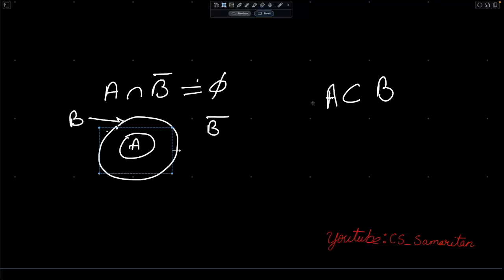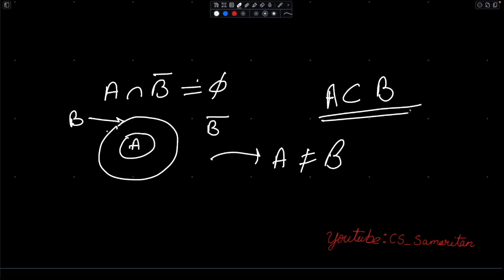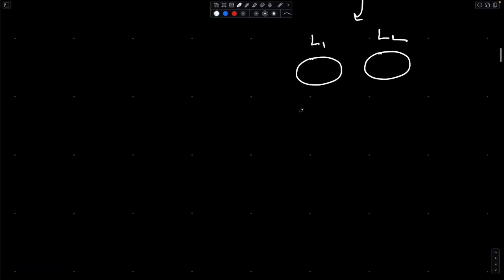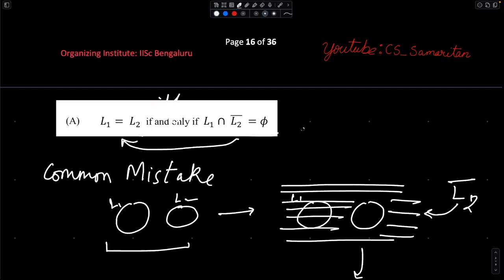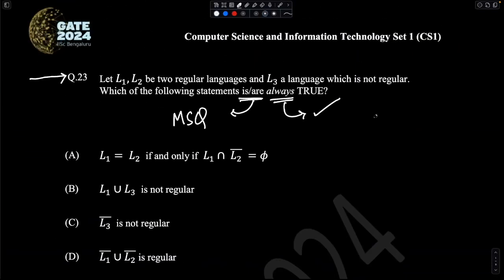But here A is not equal to B, rather A is a subset of B. So this statement is not always true. Its truth value is false.